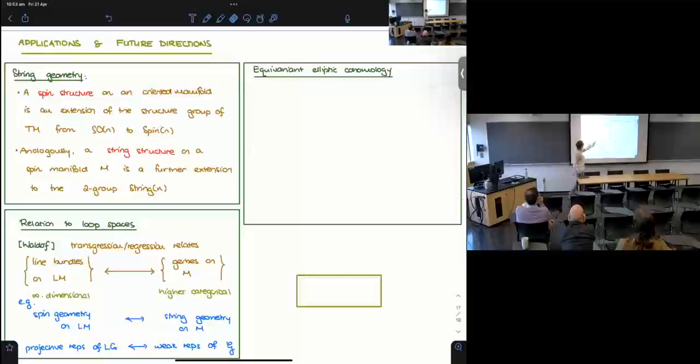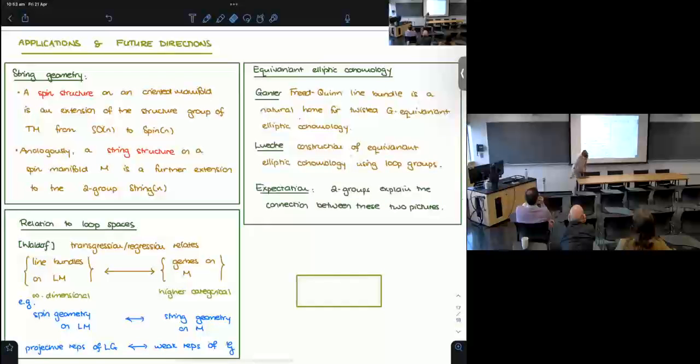And to combine these things together, we talk about equivariant elliptic cohomology. Nora Ganter has shown that the Freed-Quinn line bundle is a natural home for twisted equivariant elliptic cohomology. So from Nora's perspective, two groups are inherently related to elliptic cohomology; we need two groups.